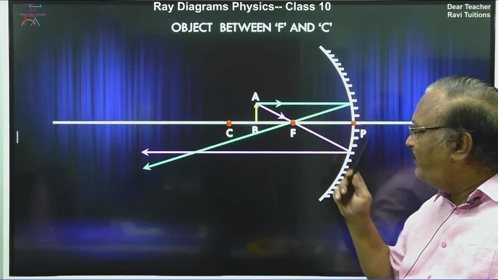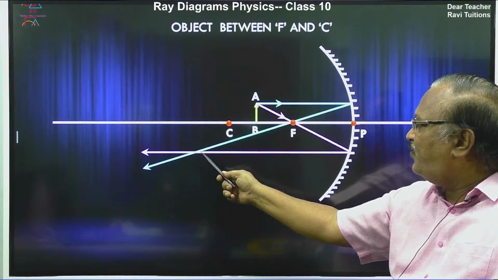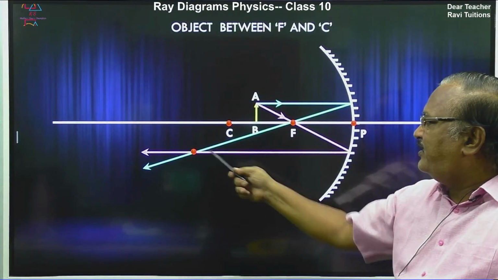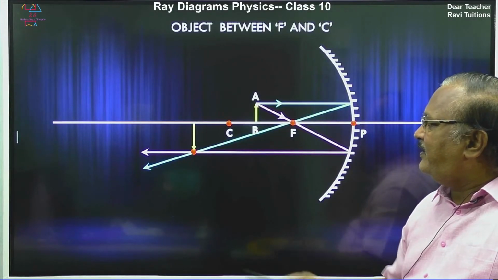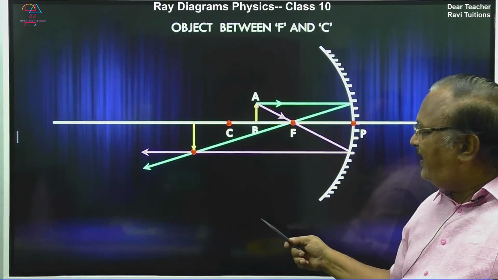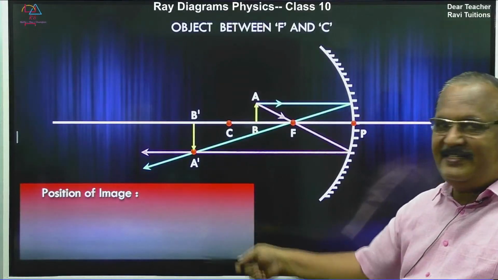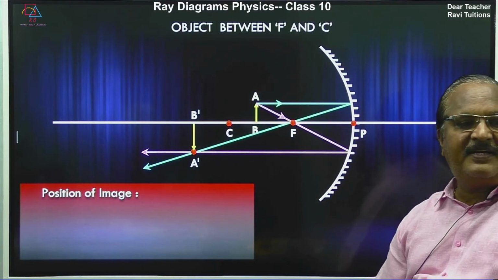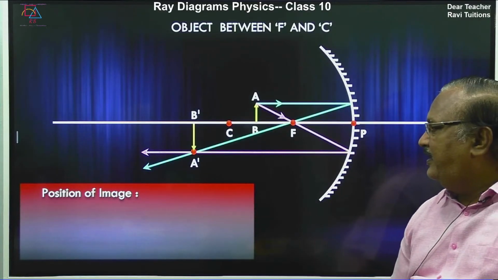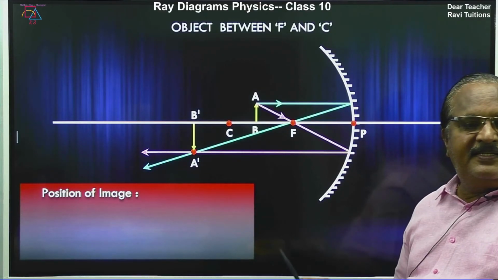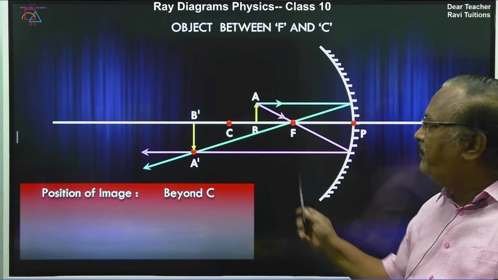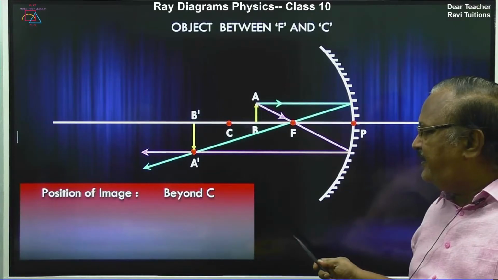So this image is formed after C. This is the location of the image. Now let us write the description. Beyond C, very good Bhavesh, nice following. The position of the image is beyond C, and because it is in front of the mirror, it is real.